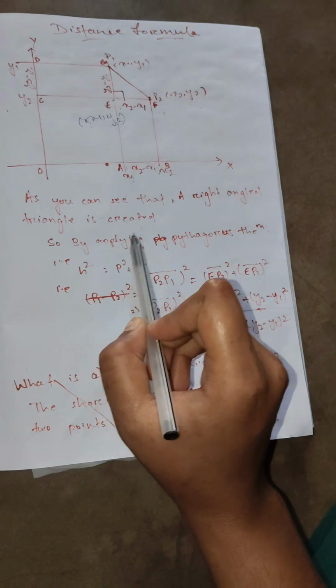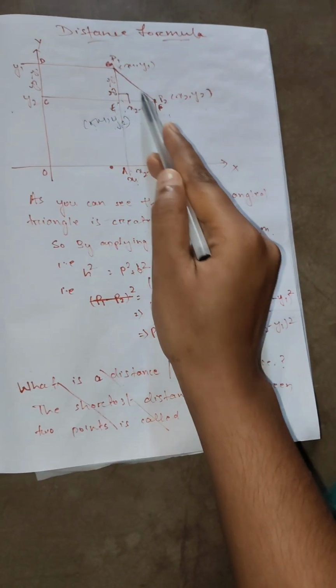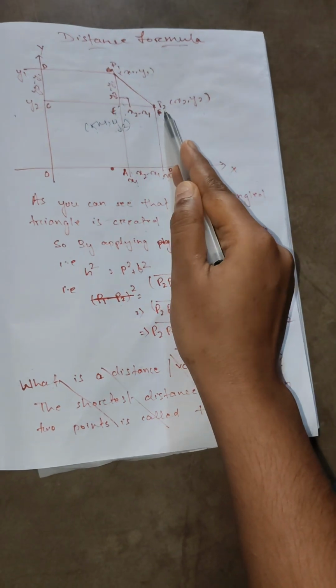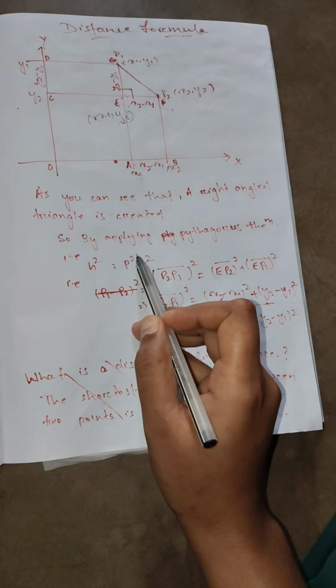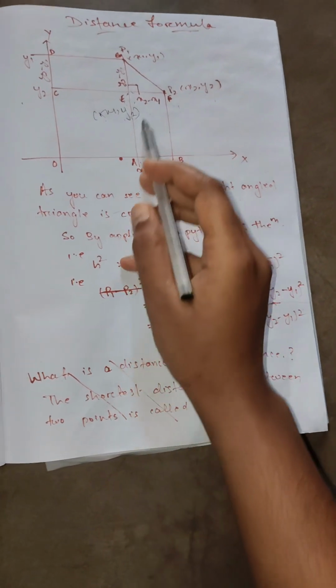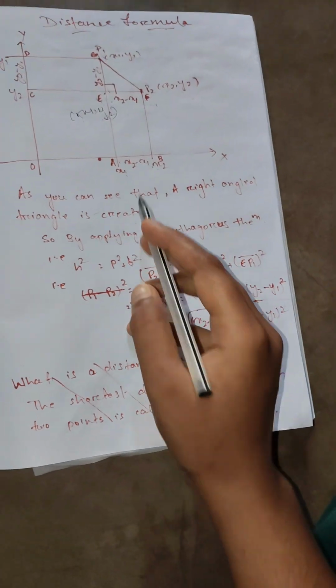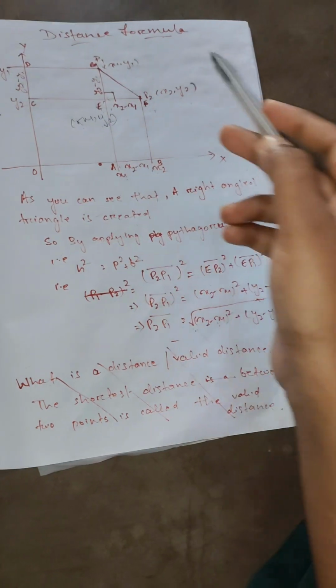So by applying the Pythagoras theorem, we can get the hypotenuse that denotes the distance between P1 and P2. We can write h square is equal to p square plus b square, where h is the hypotenuse of this triangle. So h is represented by the line PP1.